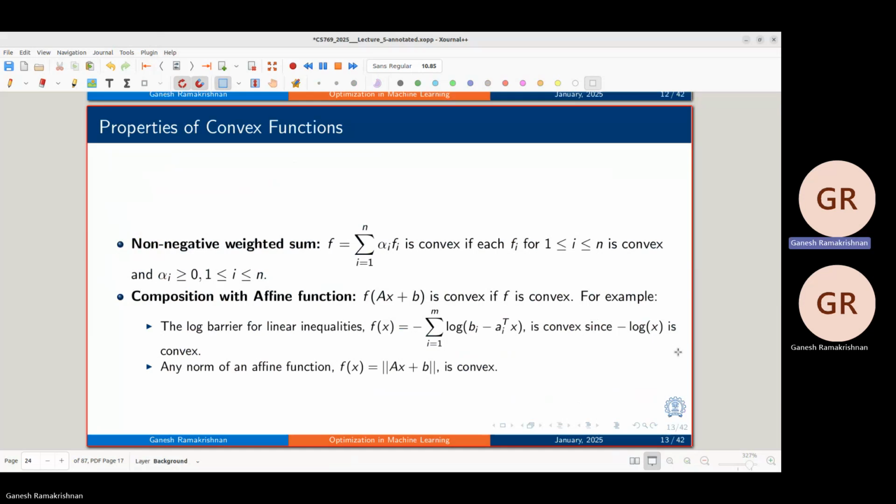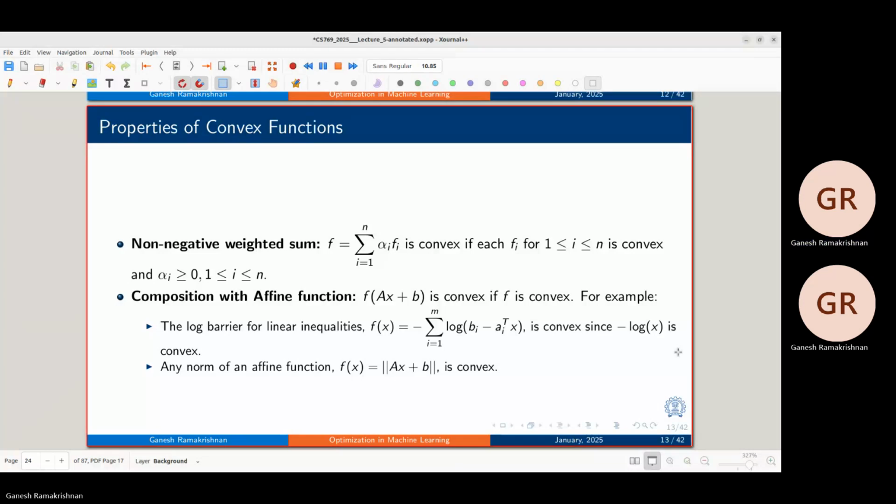For those who have done simple calculus, you would just take the derivative and show that for a convex function you would expect the derivative, or the double derivative, to be non-negative.